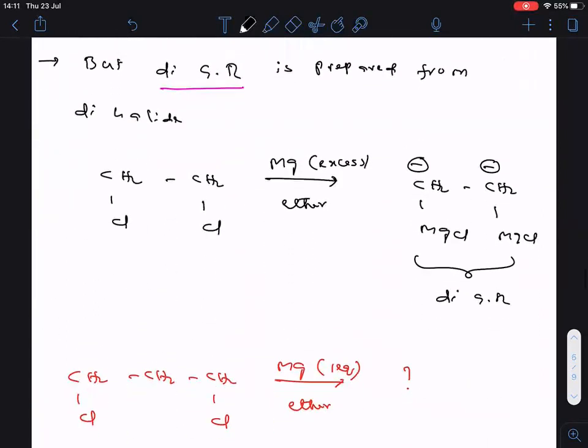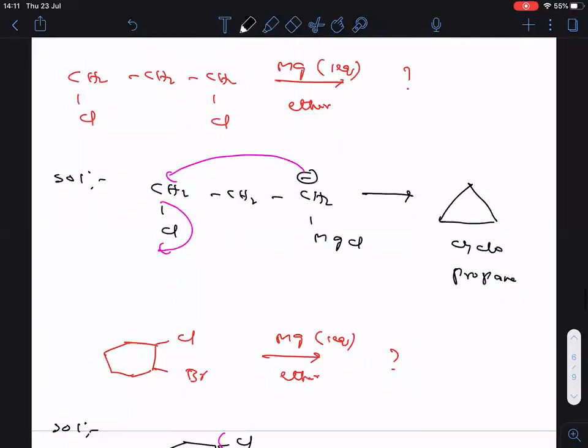Then how to prepare digrignard from dihalide. Okay, then we did some questions here, you see.